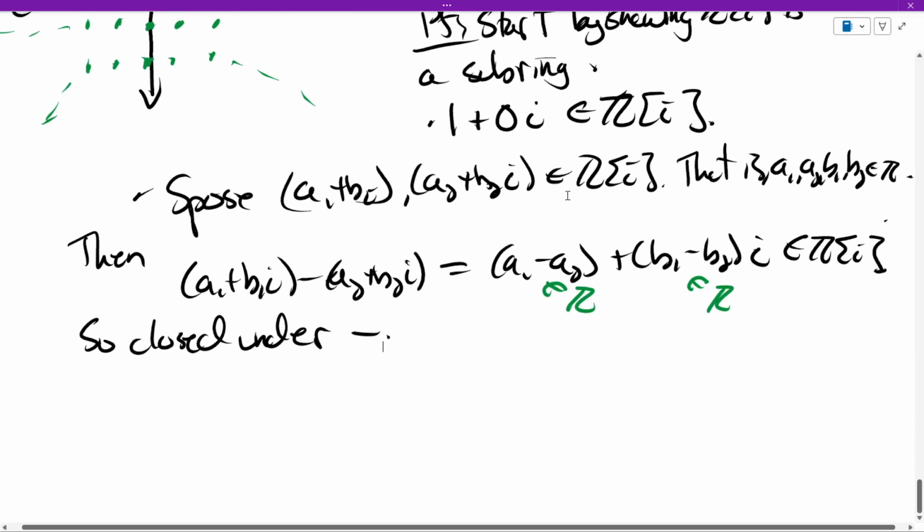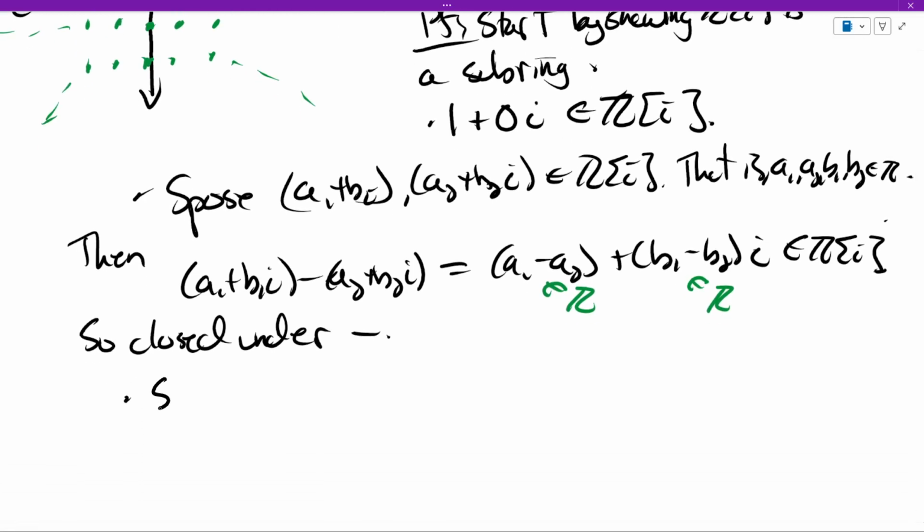Okay, and now we have to check closed under multiplication. Let's keep the a1, b1, a2, b2 from before, and let's just look at the product now. You're going to be writing out lots of products in this class, which, it is what it is. So again, a1, b1, a2, b2 are as before. They're all integers.